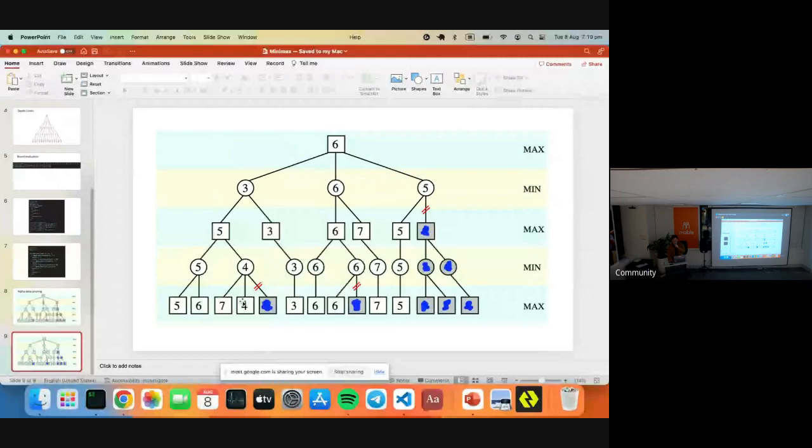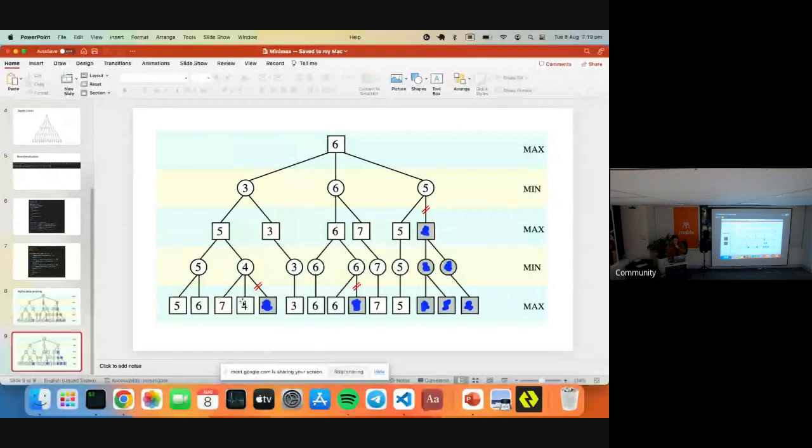And then we go to this node, and then the minimizing player gets 4 because 4 is smaller than 7. So here, beta will be 4, and then it will get the alpha from the node above. So the alpha would come to here, and alpha would be 5, and 4 would be the beta.